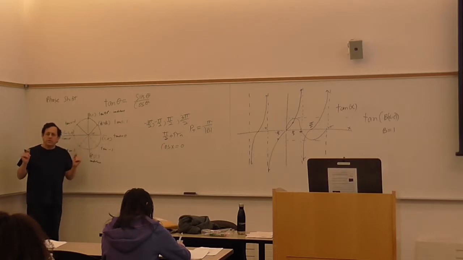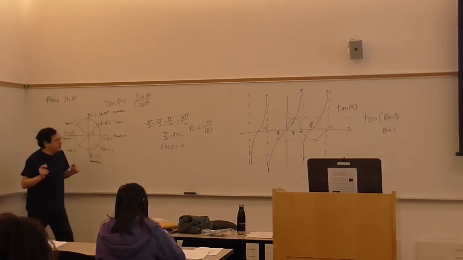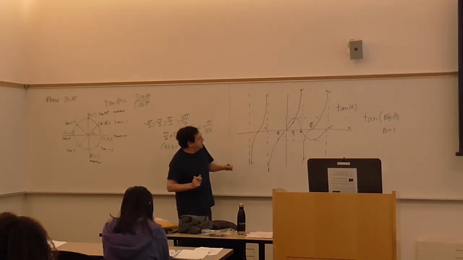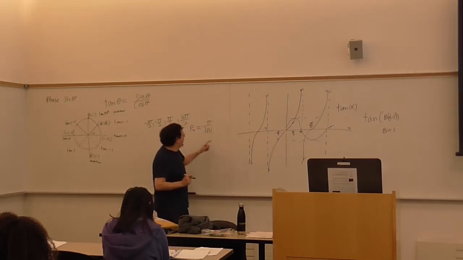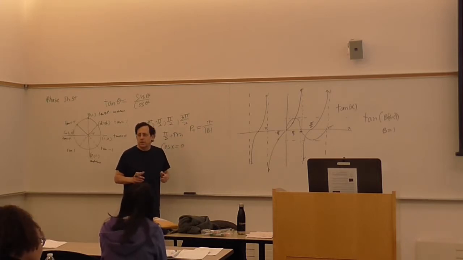I don't know if I demonstrated that clearly enough. But it is a fact that the period here for just the tangent function is going to be pi, or if we have a b value, pi over b. Is that okay?